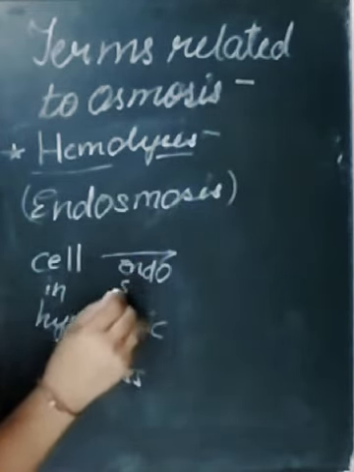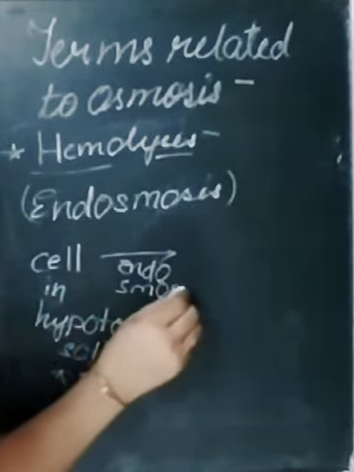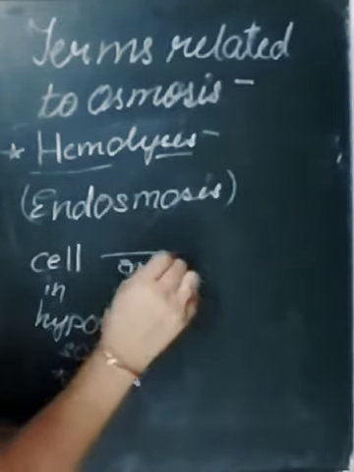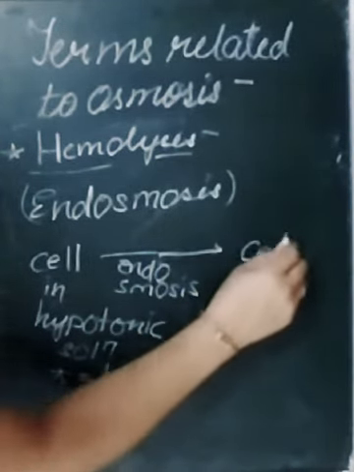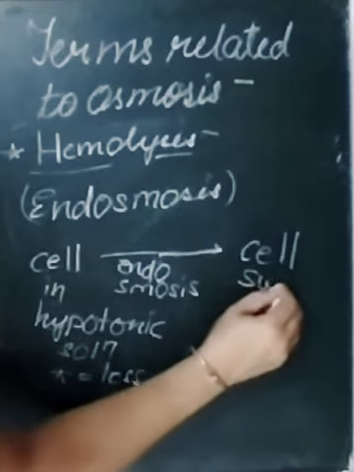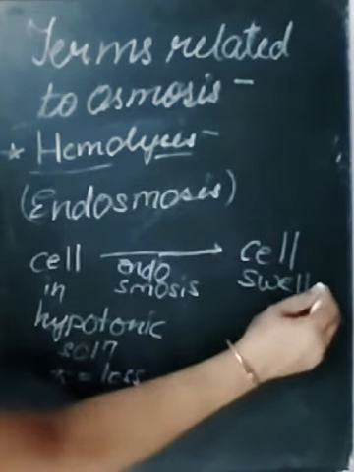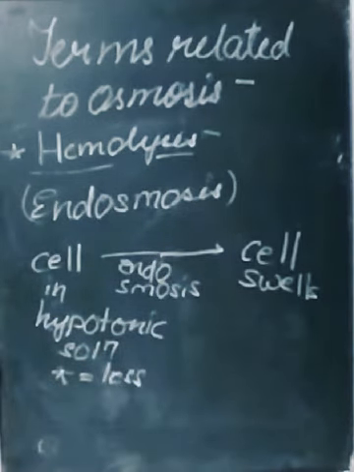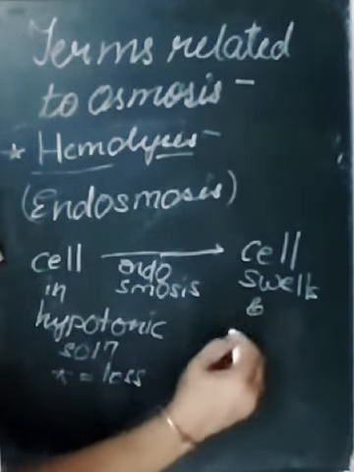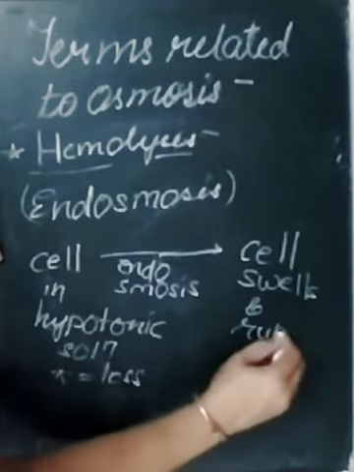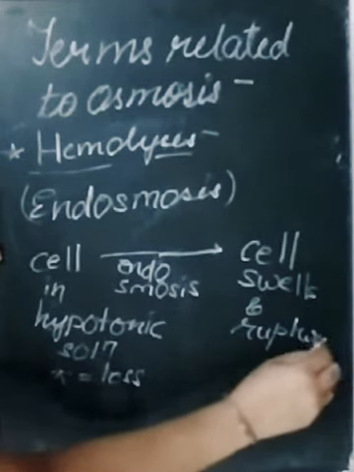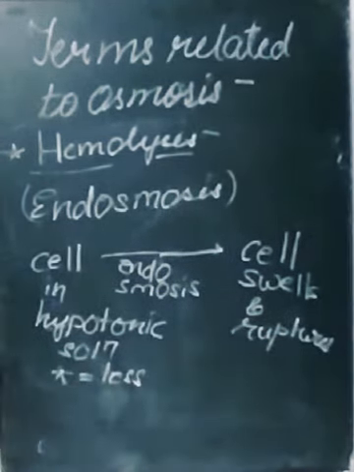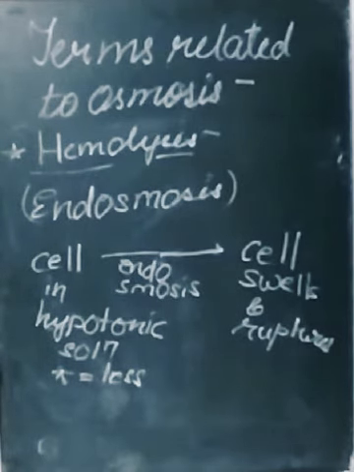Endoosmosis will take place, and because of this, the cell swells. Water moves inside and the cell swells so much that it ruptures. Since it ruptures, this condition is known as hemolysis.